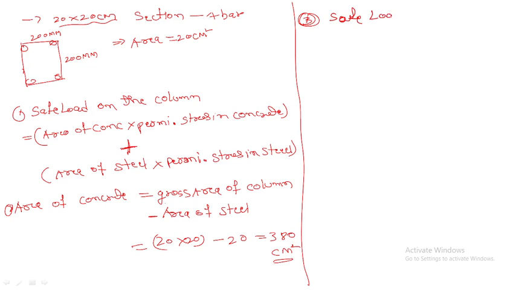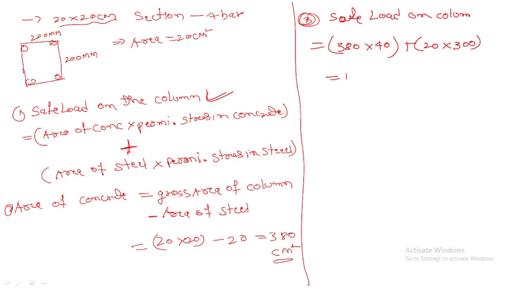Safe load on column: 380 centimeter square into 40 kg per centimeter square, plus 20 centimeter square into 300 kg per centimeter square.